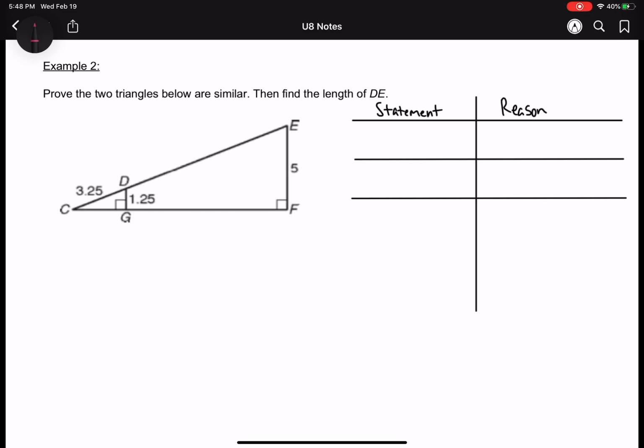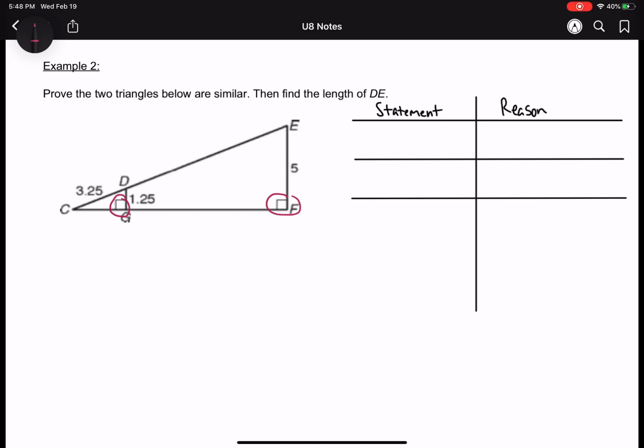Because of that, I know right away that I have to be working with angles again. So in this problem, I'm going to start with the markings that are given to me. I have this right angle marking on two angles, so I can say that those angles are congruent because they have that marking there.